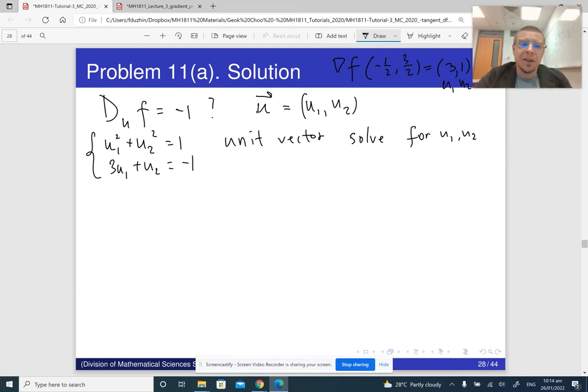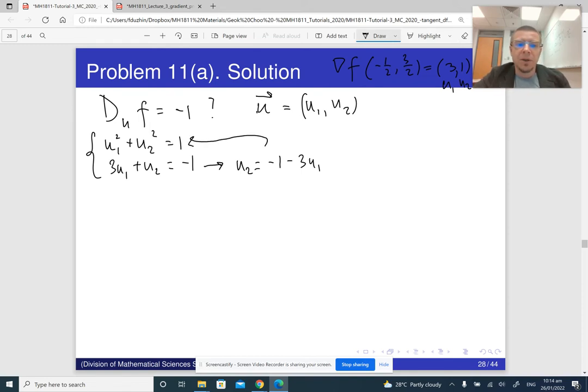So in this case, from the second equation, it's easy to find u2. So u2 is going to be minus 1 minus 3u1, and then we can just plug it back into the first equation.